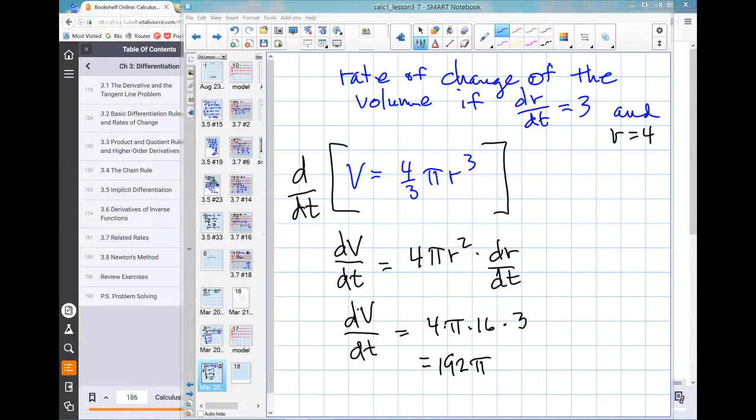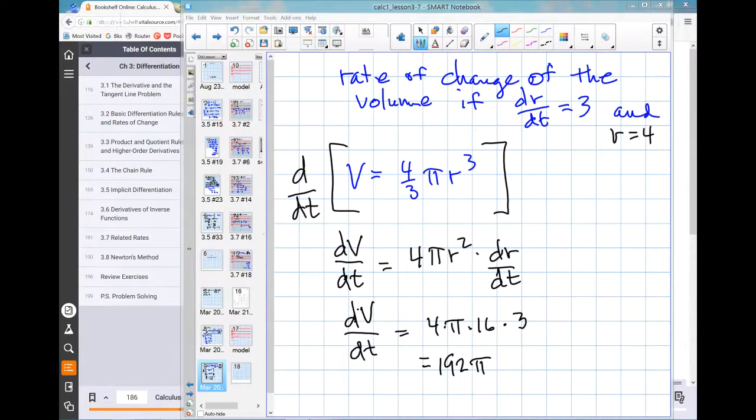And so immediately you have to identify your variables. We're talking about volume of a sphere, and how can I relate that to the only other thing given, the radius? Well, we would have to know the volume of a sphere, which is shown here as V equals 4/3 pi times r cubed.